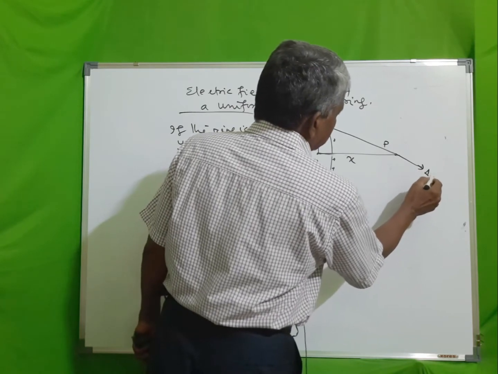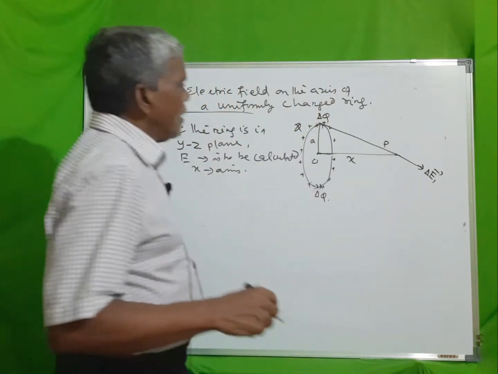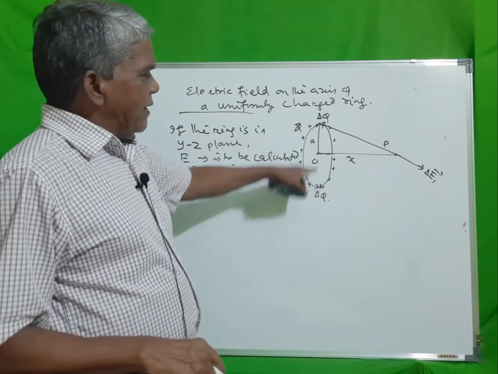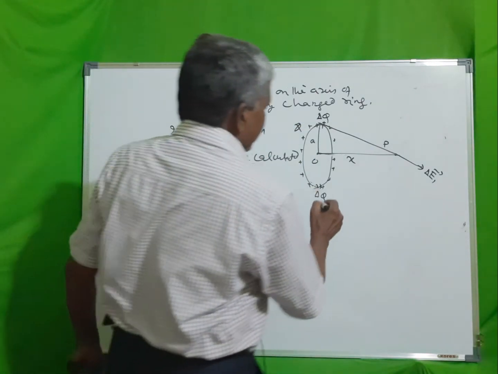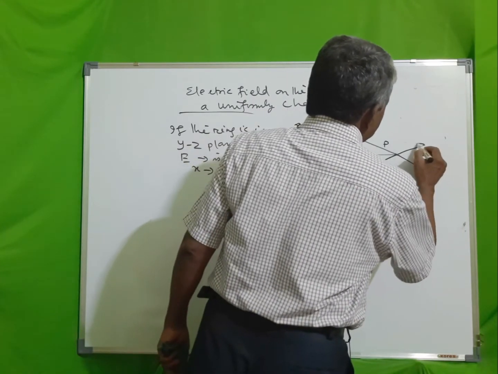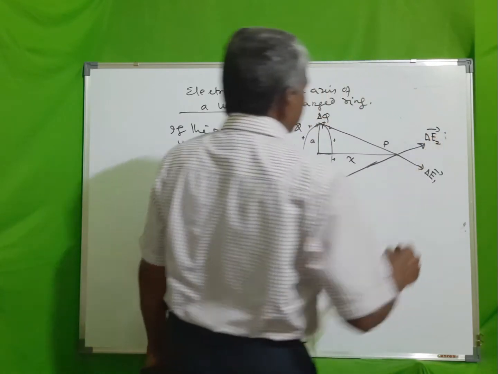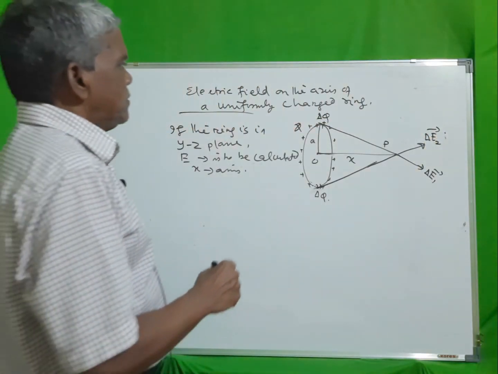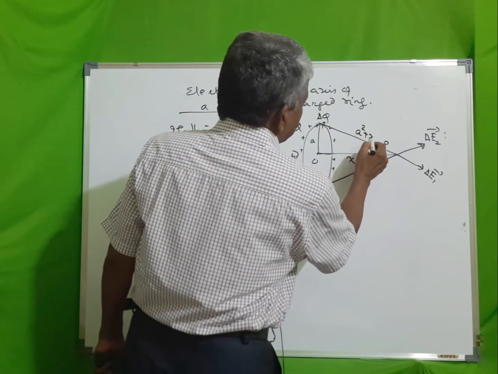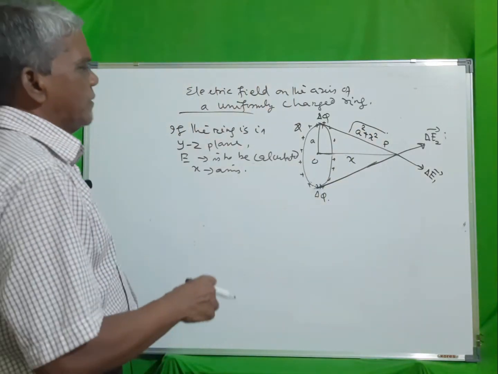Suppose delta E1. And due to the diametrically opposite element, let delta E2 be the electric field at that point. The distance of the point will be square root of a square plus x square.